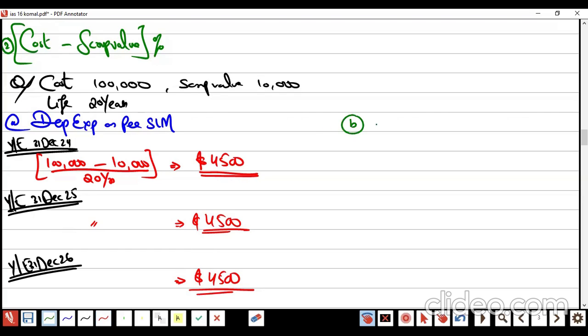B. I will say calculate it at 5% reducing balance method. Now how to do it? The first year, 31st of December.